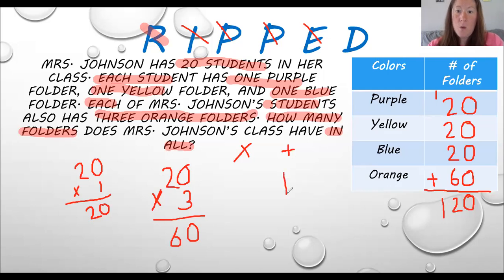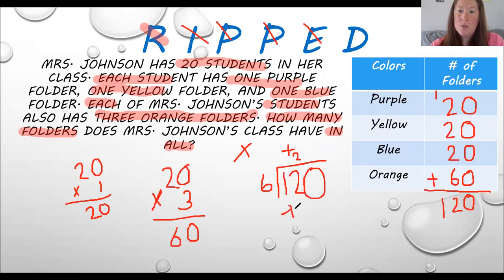If I take my 120 folders, we just counted up that each student would have 6 of them. And if I divide this, well, 6 does not go into 1, but it goes into 12. 2 times.